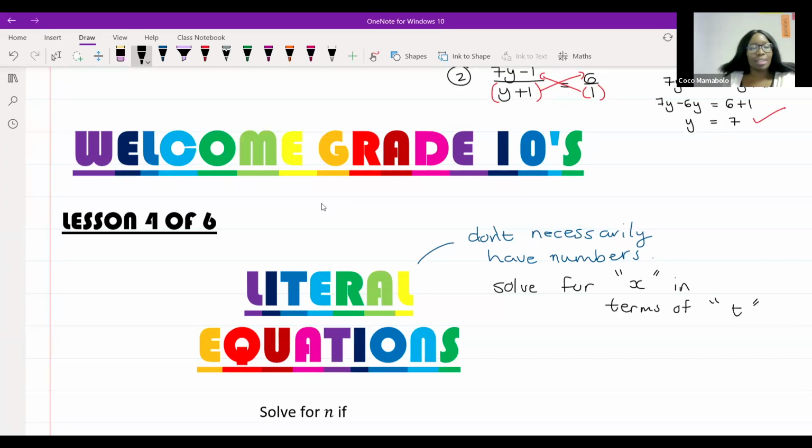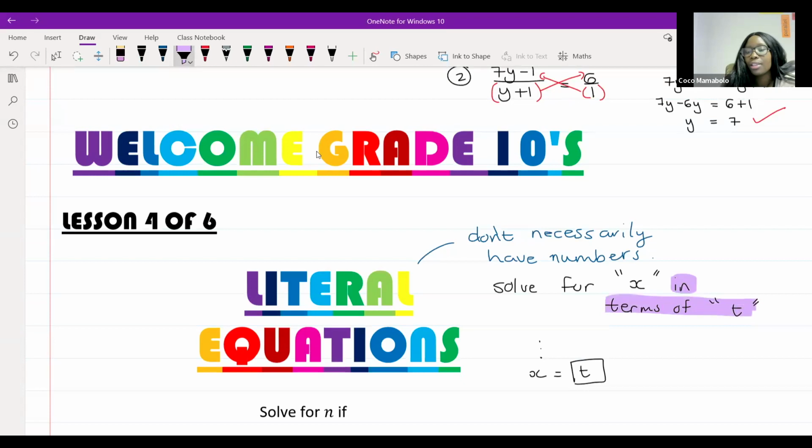Now, what this statement actually means is I need to do a couple of routine procedures, things that we know how to do, and I must get x equals something, but this part of the equation will have t in it. My answer for x will have t in it. That is what the in terms of t part means.